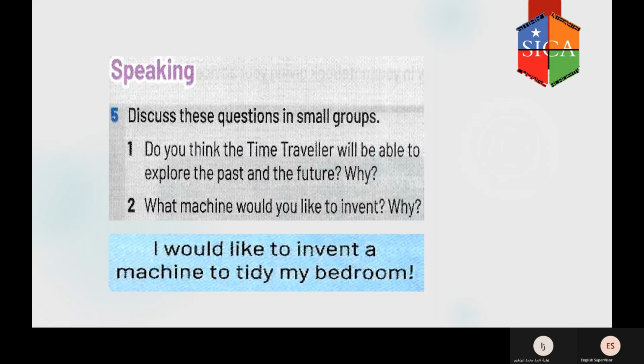Yes. So, do you think the time traveler will be able to explore the past and the future? What do you think? Yes or no? Yes. Why?